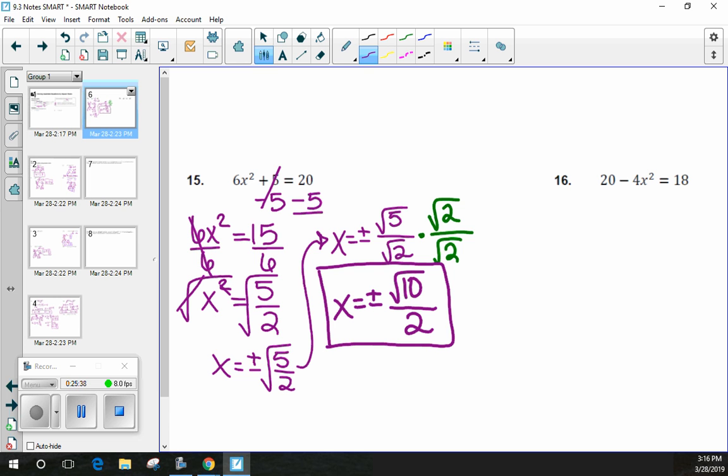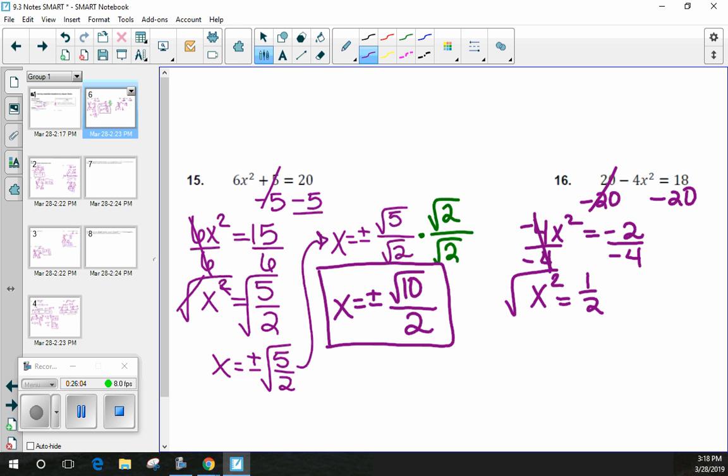Okay, so number 16, I'm going to go a little bit quicker. I'm going to subtract 20 on both sides here. That gives us a negative 4x squared is equal to a negative 2. Now we divide both sides by negative 4. So that tells us x squared has to be 1/2. And then when we take the square root of both sides, cancel the power, we're looking at x equaling the positive or negative square root of 1/2.